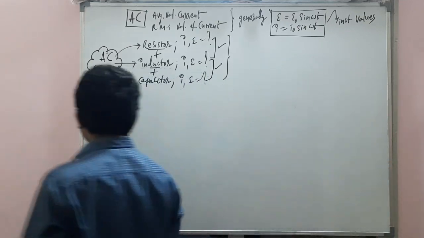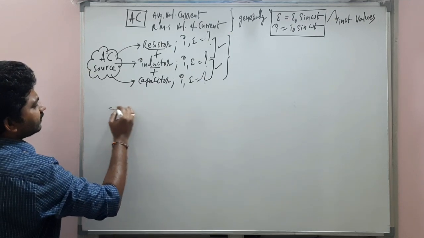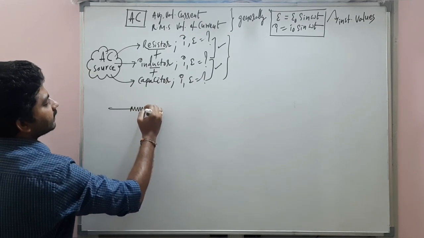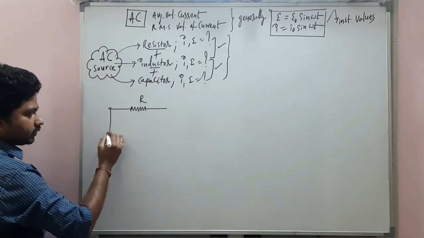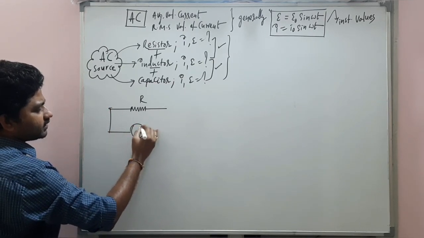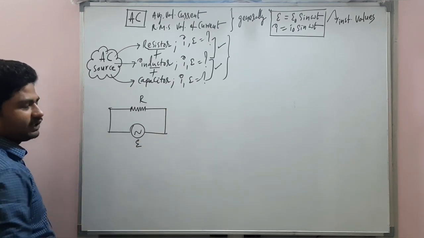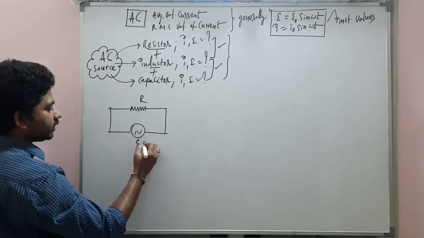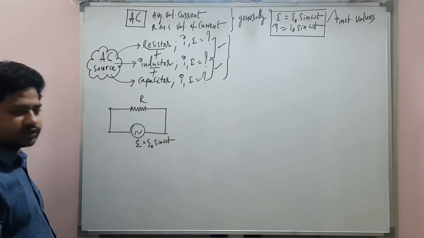So when the AC source is connected to the resistor, what happens? Let's check. There is a resistor connected here of resistance R and the source voltage is AC. This will have some instantaneous EMF E, which is equal to E naught sine omega t. No confusions at all.